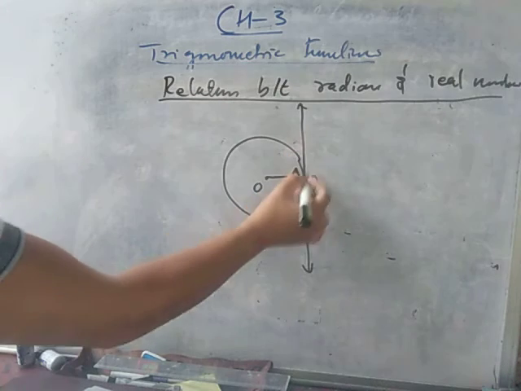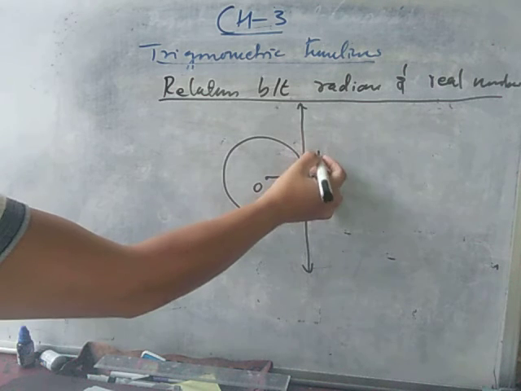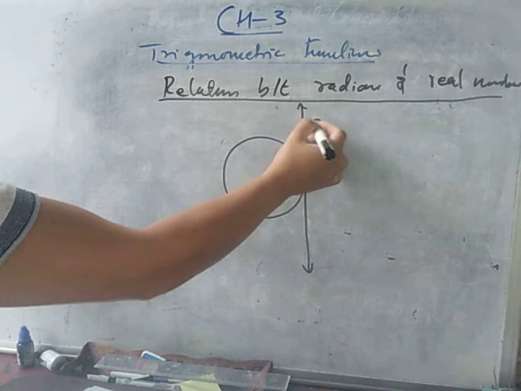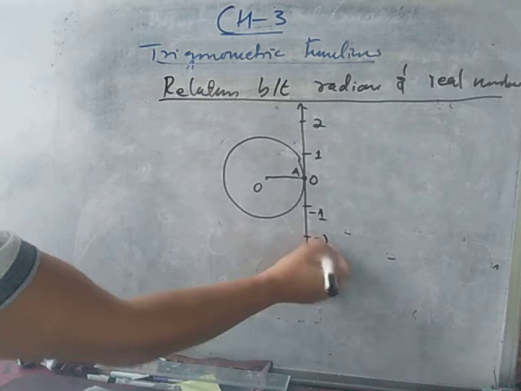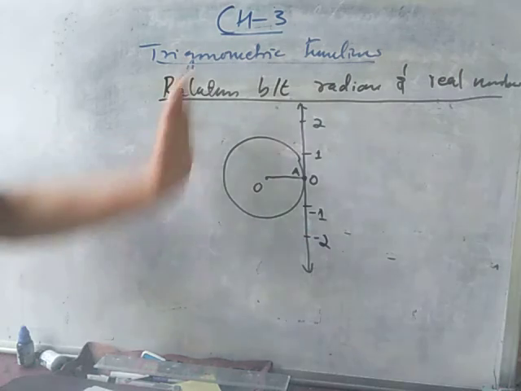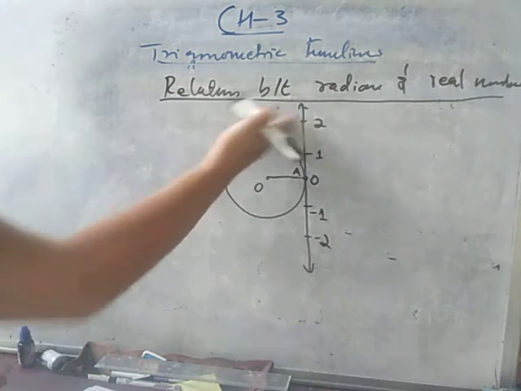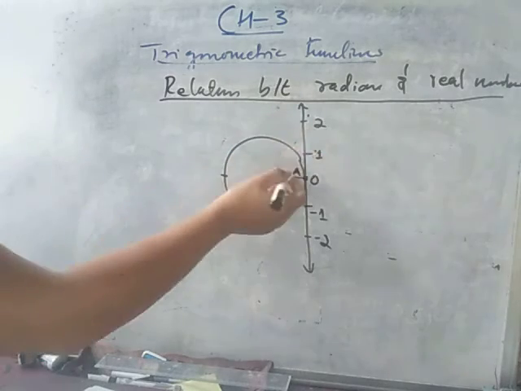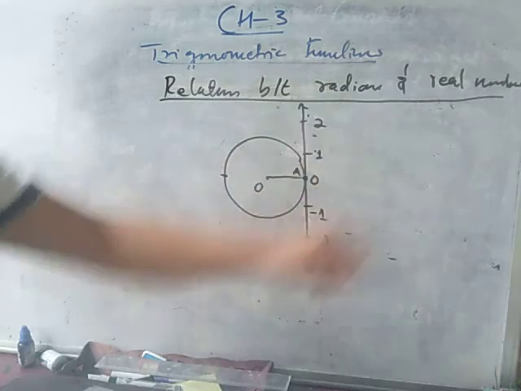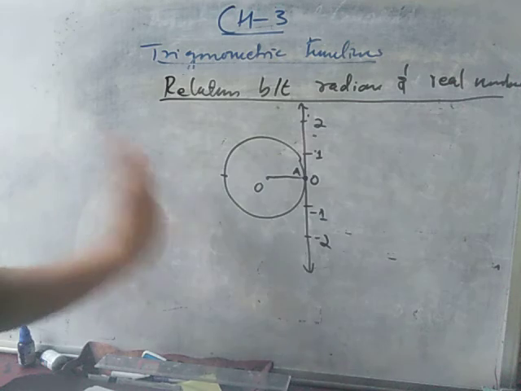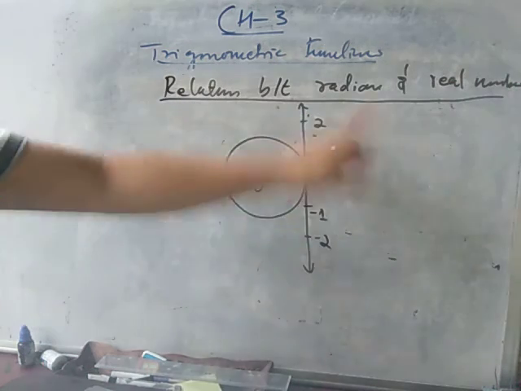This side is your positive, and this will be your negative 1, negative 2, isn't it? So if you round over this, then you'll get some values on the real number line. This is your relationship between the angle measure, that is radian, and real numbers, okay?